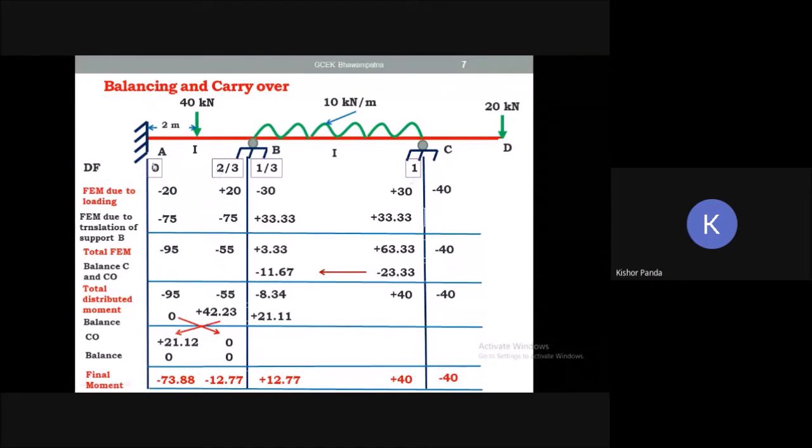So first you put the distribution factors. Then you know the fixed end moments due to loading. Already you got these: MFAB minus 20, MFBA plus 20, MFBC minus 30, MFCB plus 30, and MFCD minus 40.